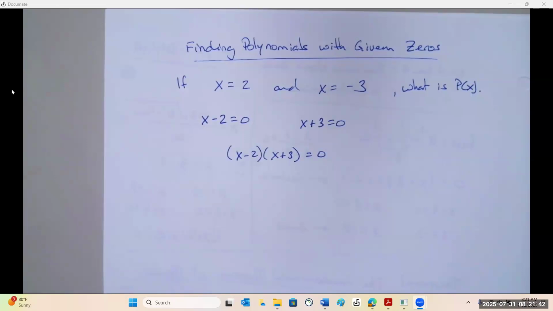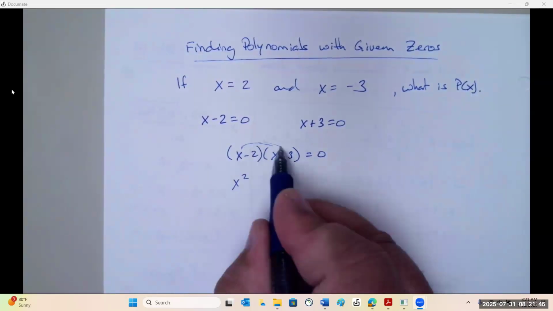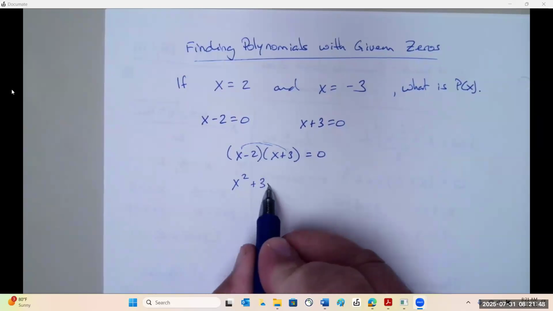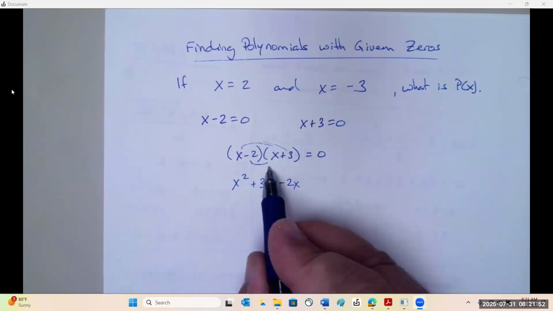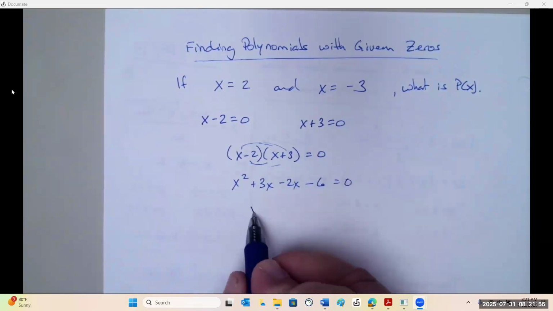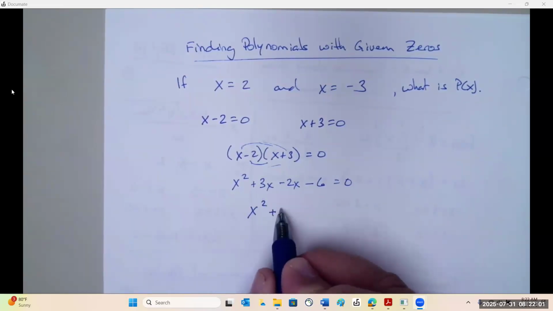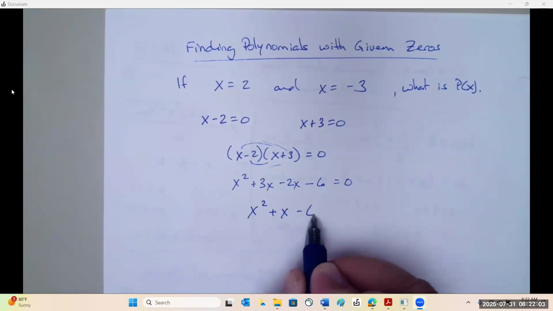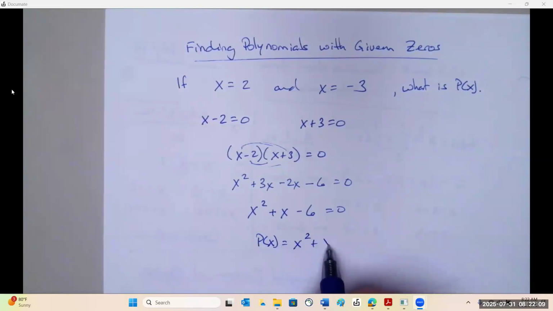And now multiply them together. X times x is x squared, positive 3x, negative 2x, negative times positive is negative, 2 times 3 is 6. 3 minus 2 is 1, positive 1. So my polynomial function is this.